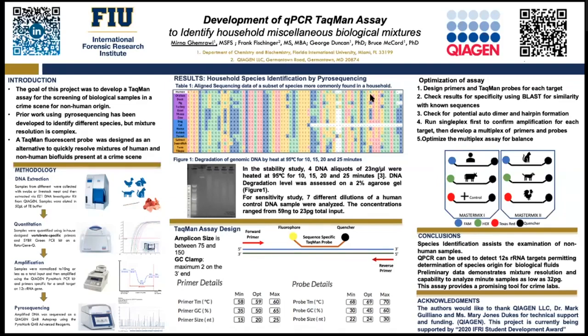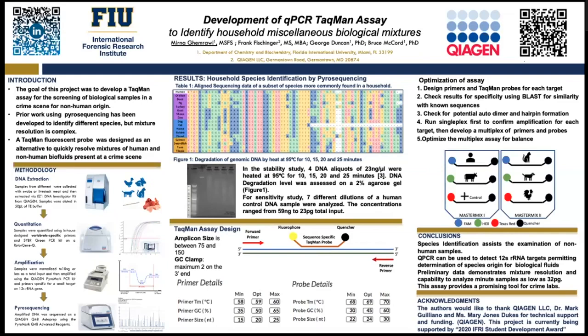So it's all the way between the forward and the reverse, including the probe and the flanking region. Once we design those, we have to check, using some software available online, if there is any potential for primers to be binding to each other, or the primers and probes to be binding to each other, because that will decrease the efficiency of the assay.